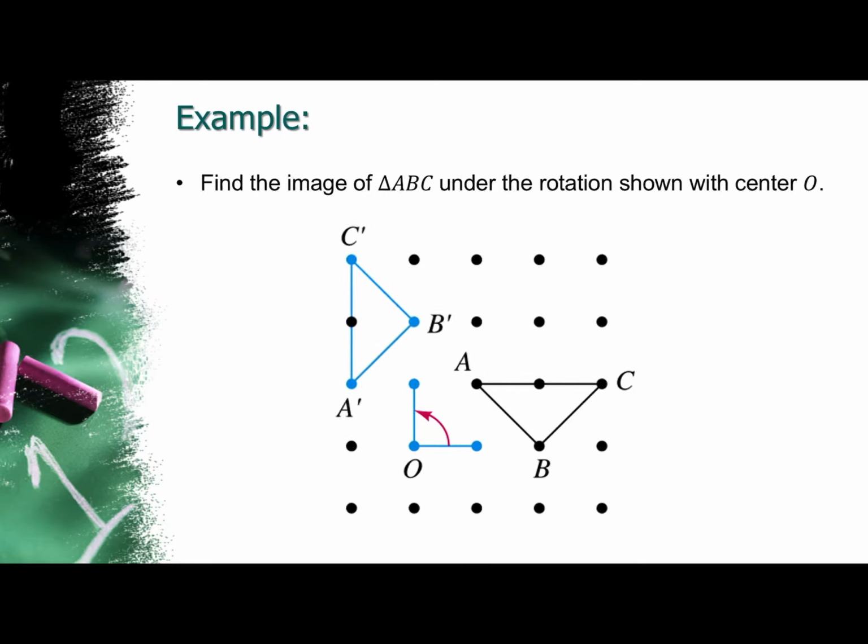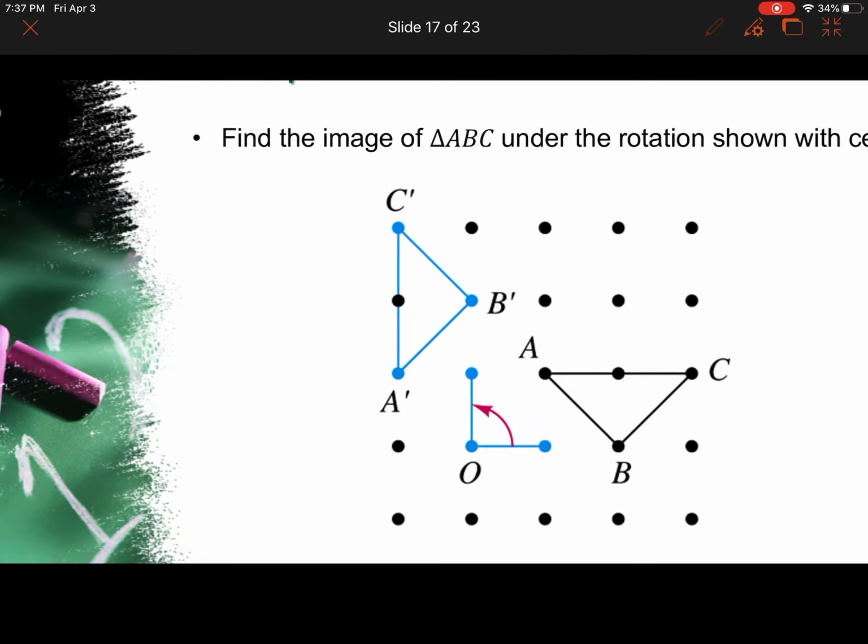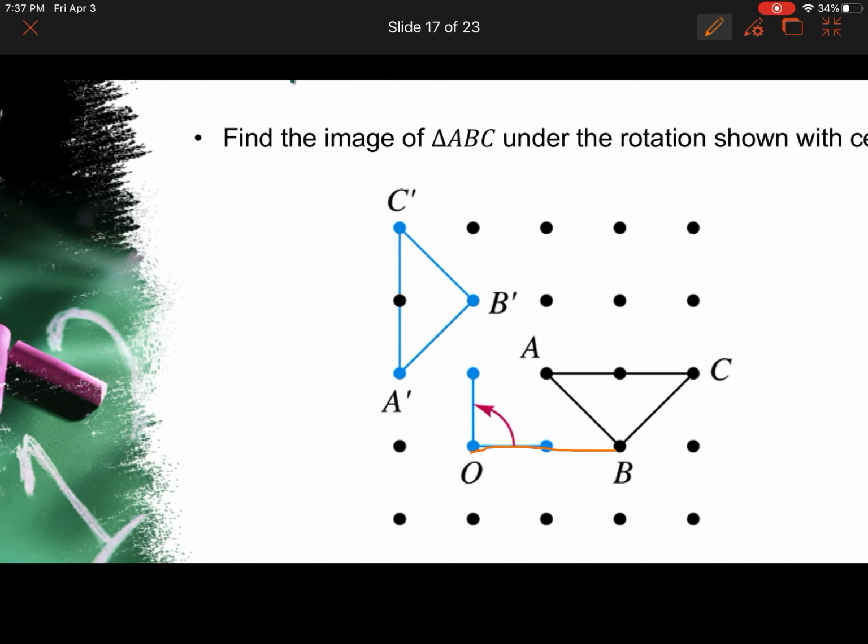Is that what you had in mind? So think about the fact that this line here is going right to that B, and this line is going right to the B, right? So everything got moved. So this is a 90-degree angle from B to B prime.